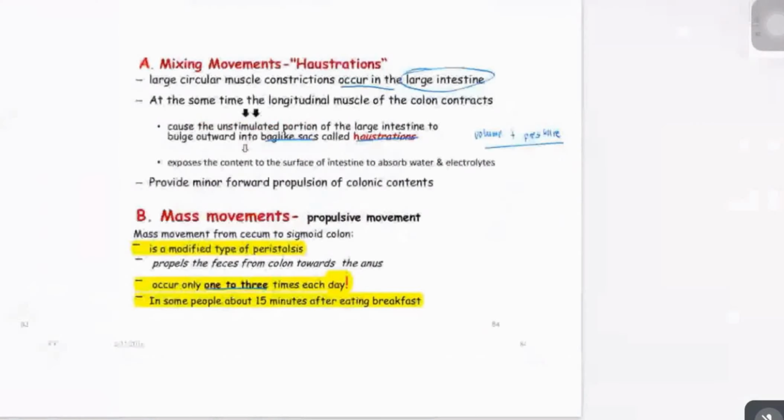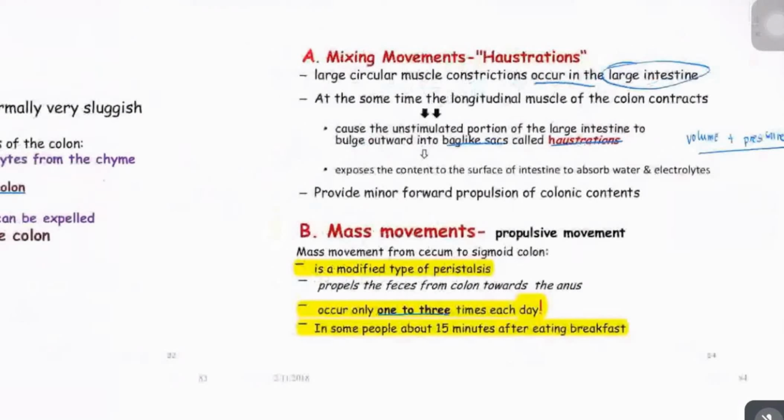Okay, next. Mixing movements. Haustrations. The large circular muscle contractions, constrictions, occur in the large intestine. Take note. Large circular muscle constriction occurs in your large intestine. At some time, the longitudinal muscle of the colon contracts. Thereby, it can cause unstimulated portion of your large intestine to bulge outward.